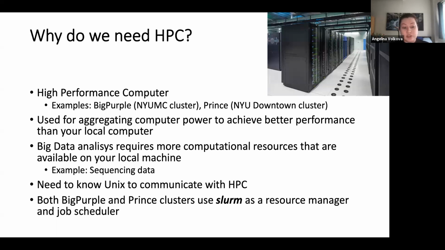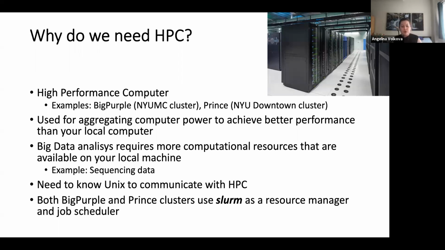Since we're all going to analyze RNA-seq data, we all need access to a high performance computer because big data analysis requires more computational resources than are available on your local machine. For example, sequencing data. Whenever you have, let's say, RNA sequencing data, you have huge files, and it requires a lot more memory to store them, as well as a lot of computational power to analyze them.